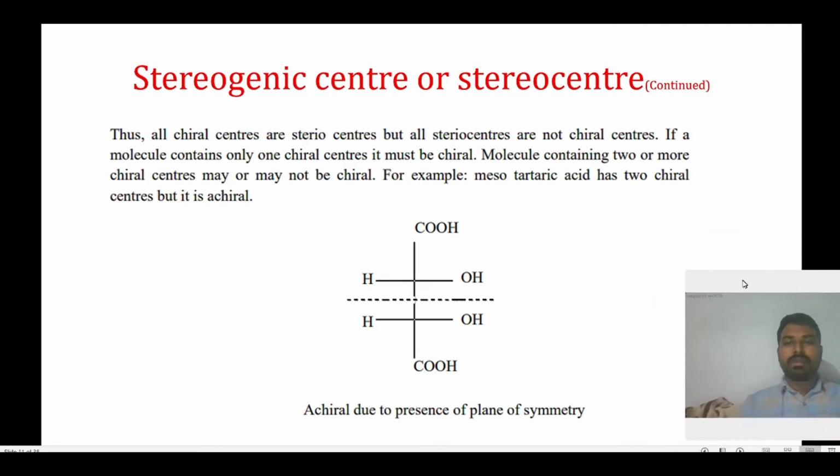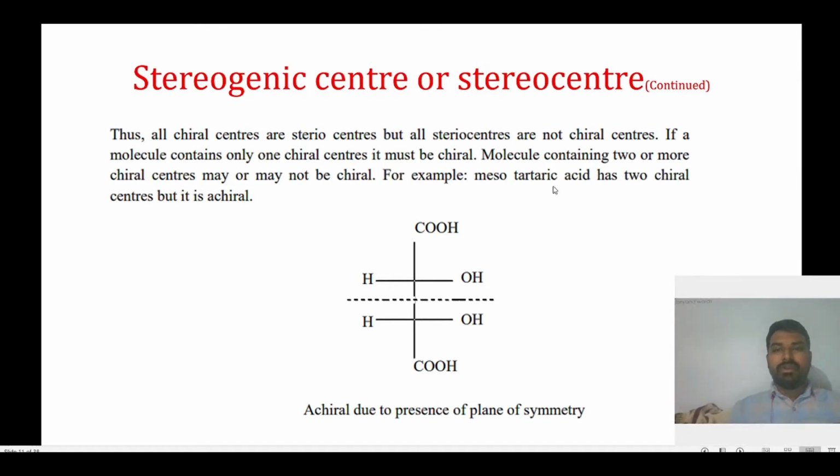For example, meso-tartaric acid has two chiral centers, but it is an achiral molecule. See, these are the two chiral centers. It has a plane of symmetry, so it is achiral due to the plane of symmetry.